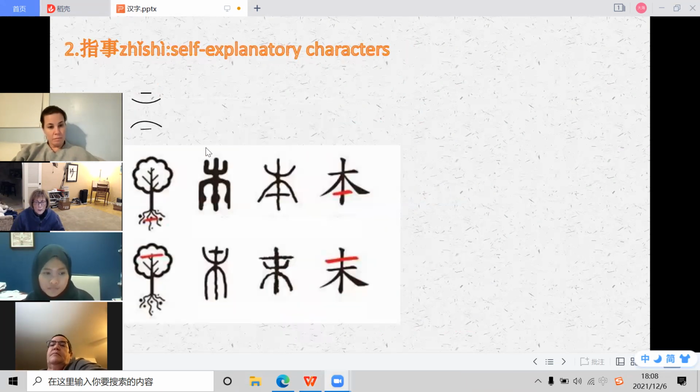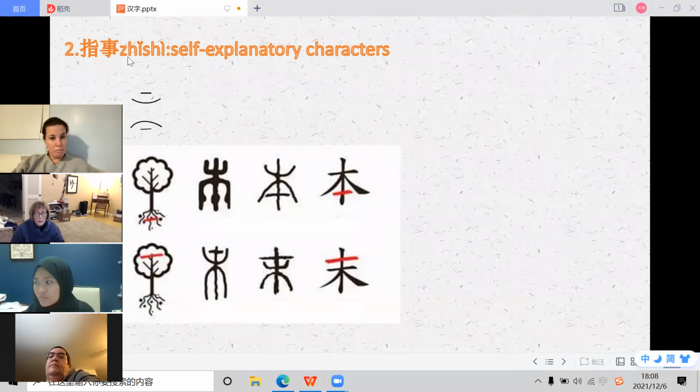After the first type comes 指示, which means self-explanatory characters. Can you guess what this is? It's not the second one.